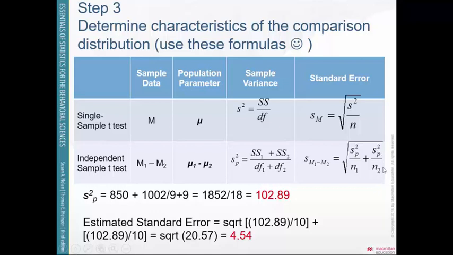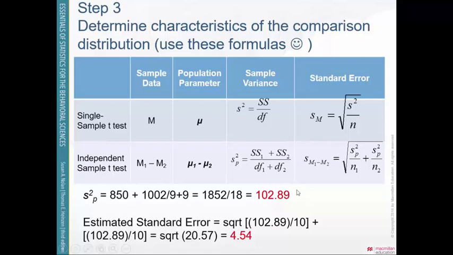You do that division. So in each case, it's 102.89 divided by 10, which if you move this decimal point over 1 place, it's 10.289 here, plus 10.289 here, which gives us the square root of 20.57, and then you do the square root of that, which gets you to 4.54.